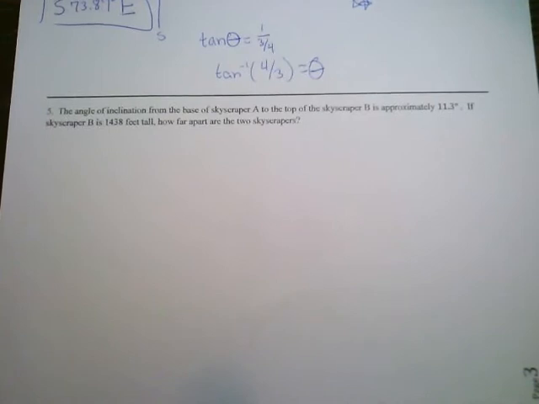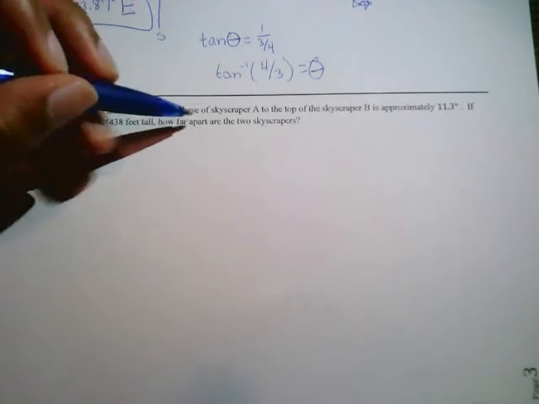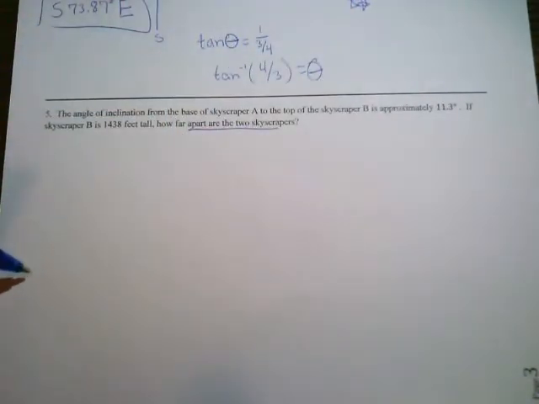So number 5, the angle of inclination from the base of skyscraper A to the top of skyscraper B is approximately 11.3 degrees. If skyscraper B is 1438 feet tall, how far apart are the two skyscrapers? So we're looking for the distance between the two.